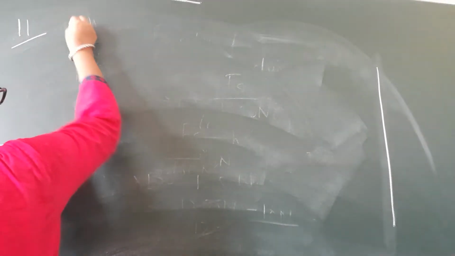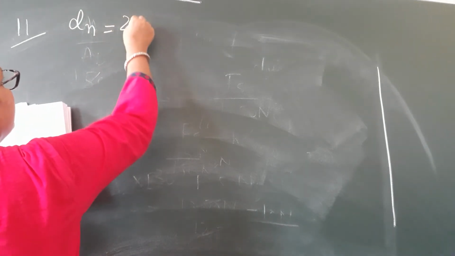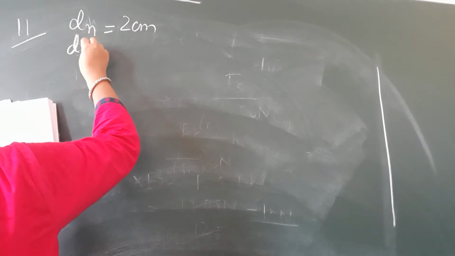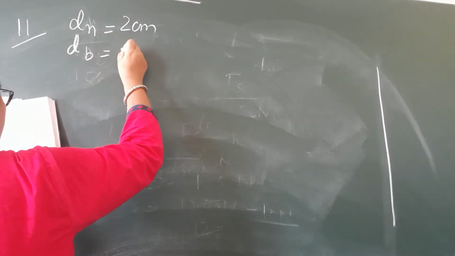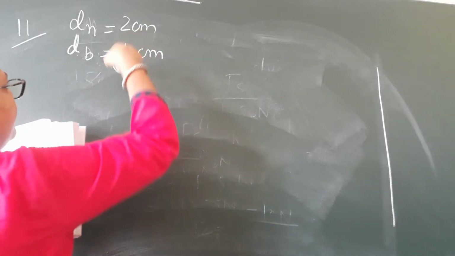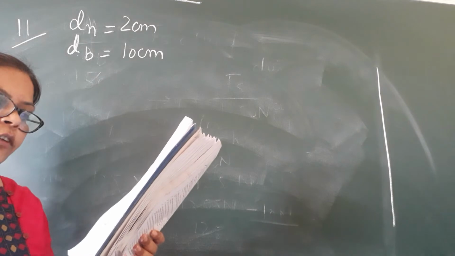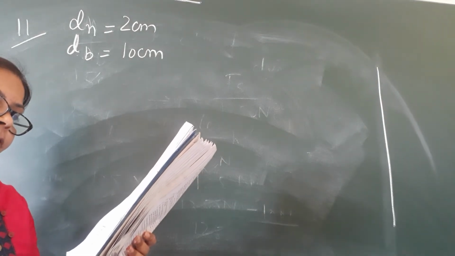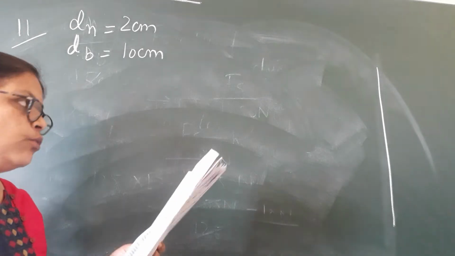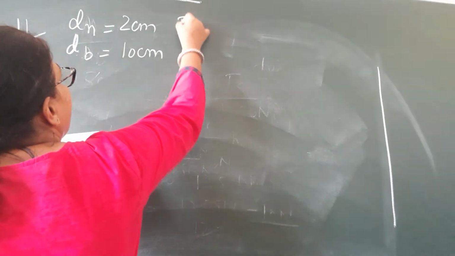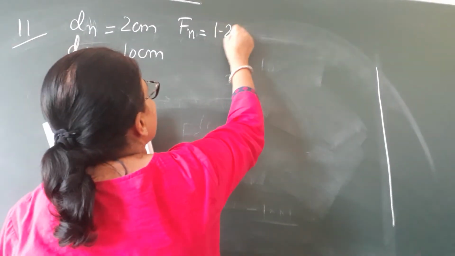So you have been given the diameter of the neck, that corresponds to 2 centimeters, and the diameter of the bottom of the bottle is 10 centimeters. The diameters are given to you. And what else is given? It is completely filled with oil, and if the cork in the neck is pressed with a force, so the force in the neck is equal to 1.2 kgf.